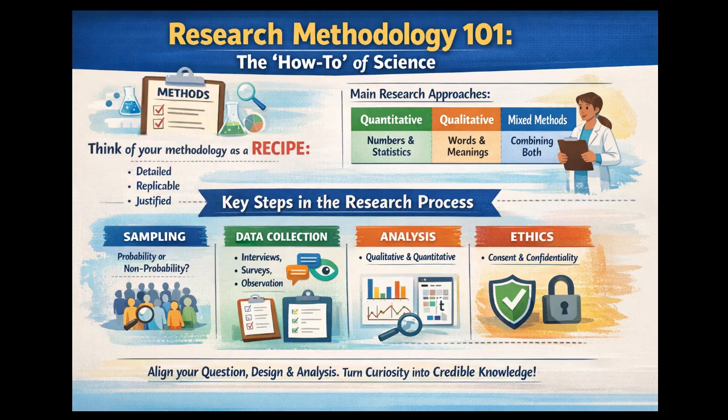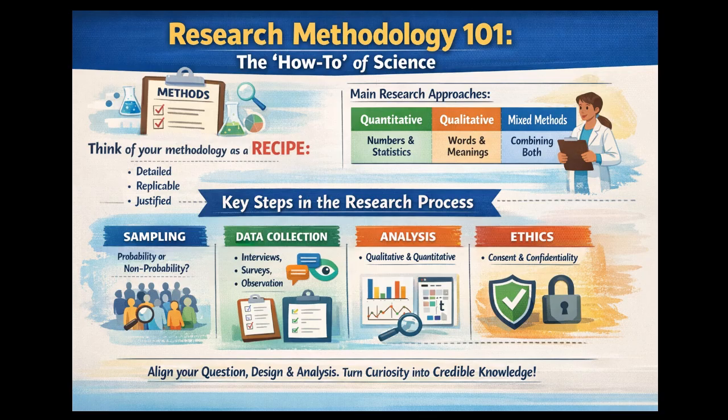Once data has been collected, analysis is where meaning is created. In qualitative analysis, this usually involves identifying themes and patterns in the data, often through techniques such as coding and content analysis. The researcher interprets the data while remaining aware of their own assumptions and potential biases. In quantitative analysis, researchers often begin with descriptive statistics, such as averages and percentages, to summarize the data.